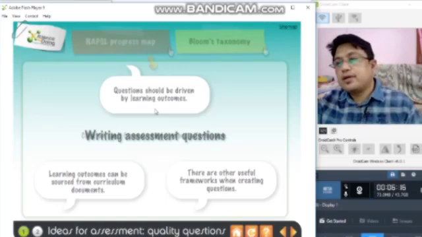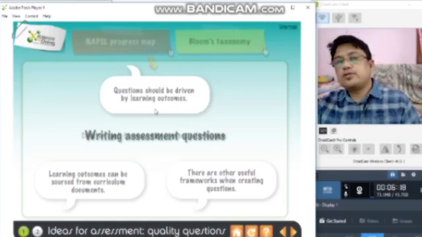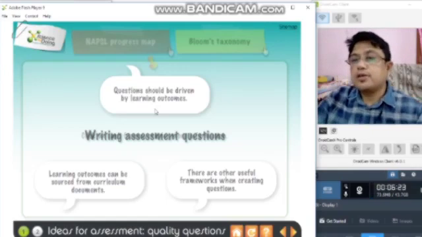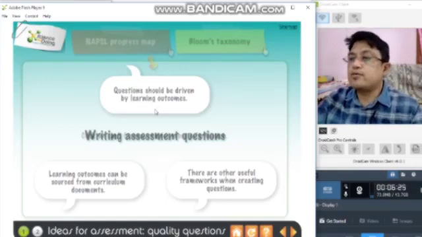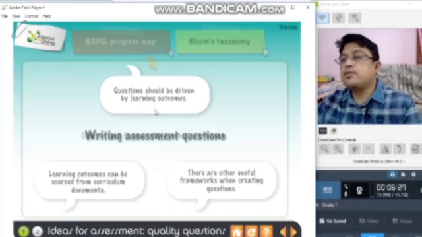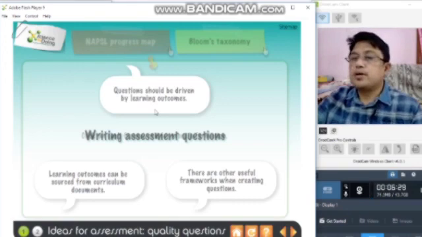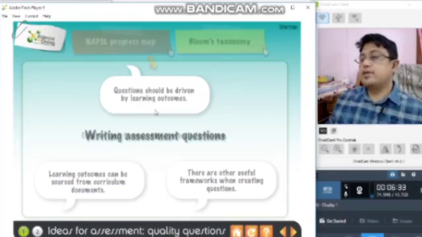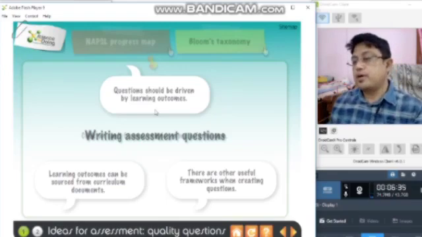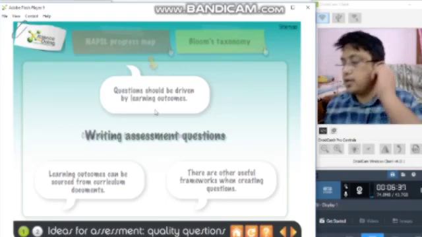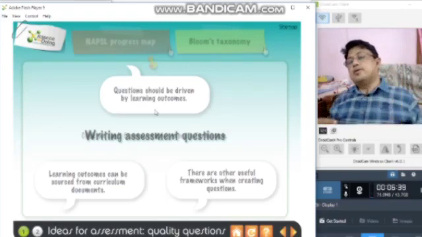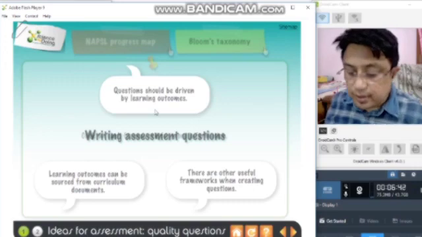Better you choose a secondary level, and according to your subject go through that learning outcome index. From there you can create the questions. You will be able to write the learning outcome questions. That will lead to how to manage this summative assessment properly.